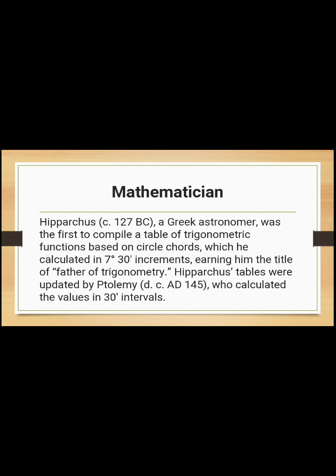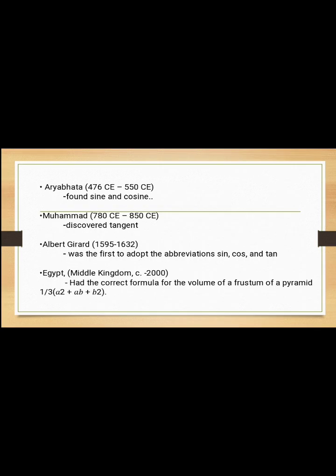Hipparchus' tables were updated by Ptolemy in AD 145, who calculated the values in 30 minute intervals. Aryabhata, 476 CE to 550 CE, found sine and cosine.